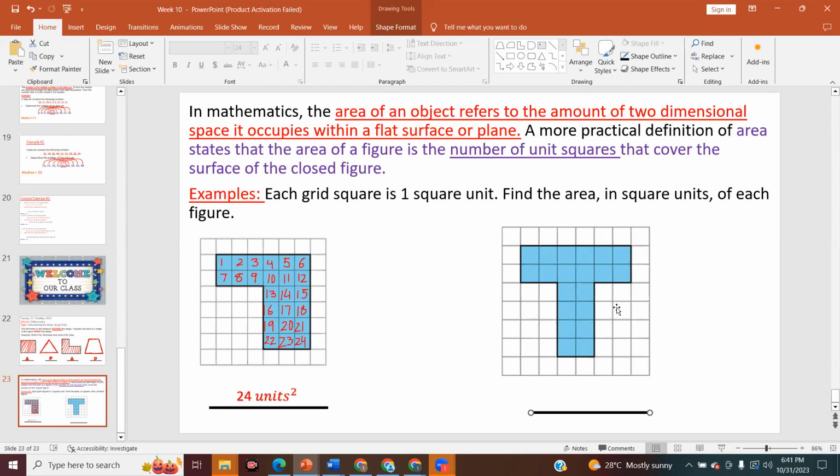How are we going to find the area of this shape? Again, put your answers inside the chat. How are you going to find the area of this shape?